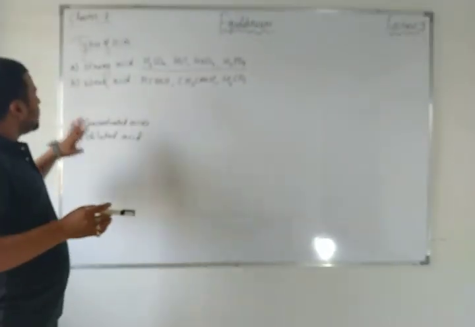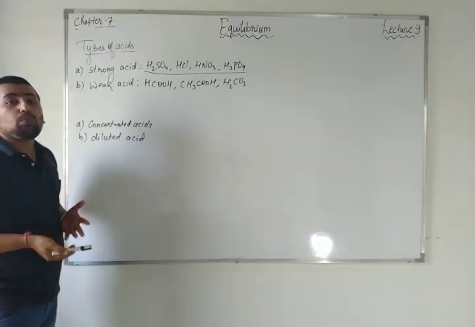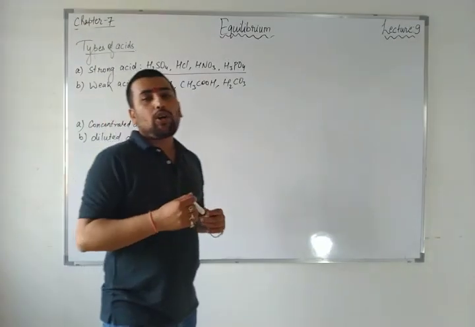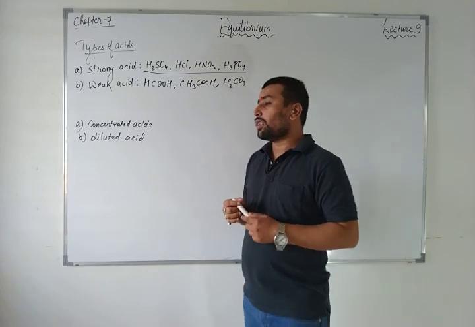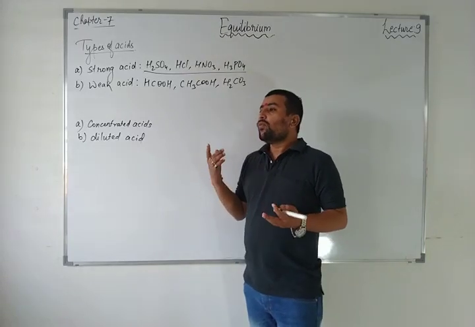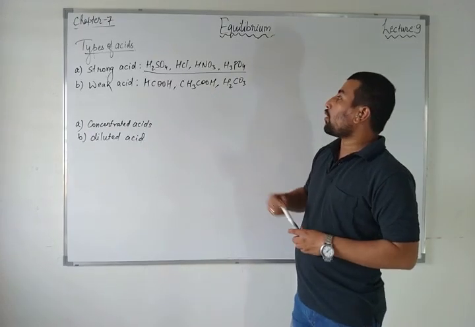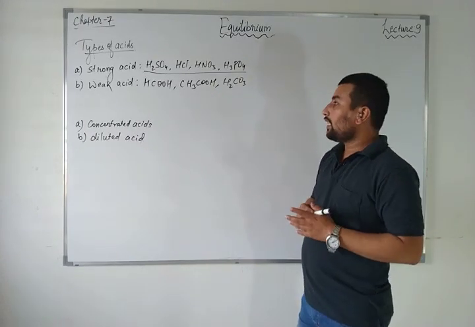Monobasic, dibasic. If I divide anything, you can ask me a question: sir, according to strength, according to concentration, according to what have you divided this acid? According to strength, there are strong acid and weak acid.